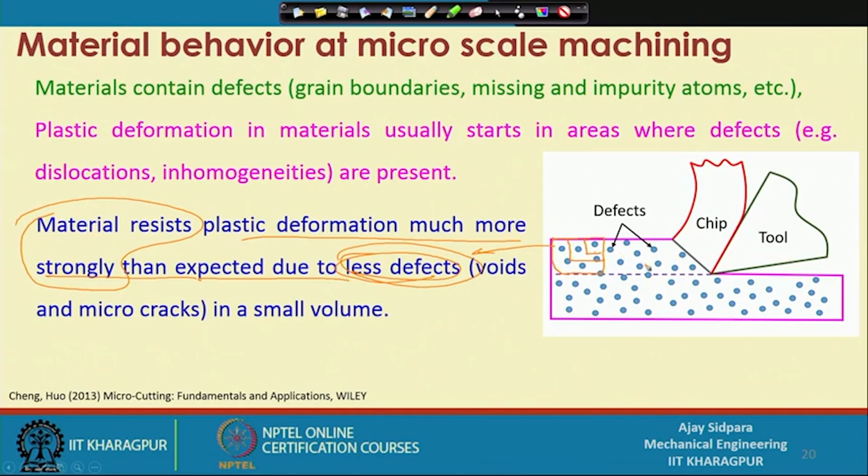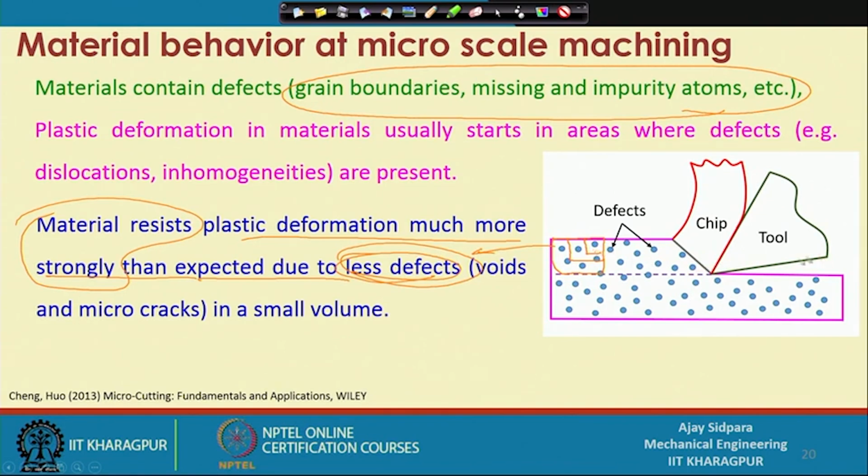This is the problem in this case. When you cut the material at this level, you have to find ways by which material removal will be very easy. But that is not going to happen, because as you go down and down in material removal, the defect levels are very small, and because of that, material removal will become very difficult.